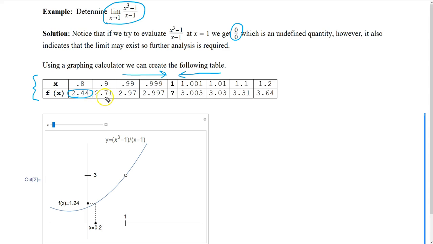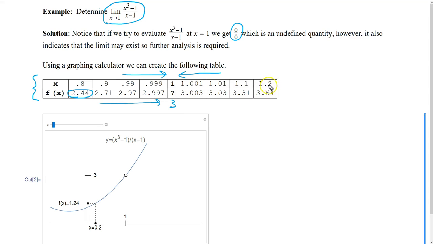Well, notice that as x approaches 1 from the left side, it looks like these values are getting closer to 3. But we have to see if the same thing is true from the right in order for the limit to exist. We must be approaching the same number from the right as well for the limit to exist. Well, we see that that is the case.